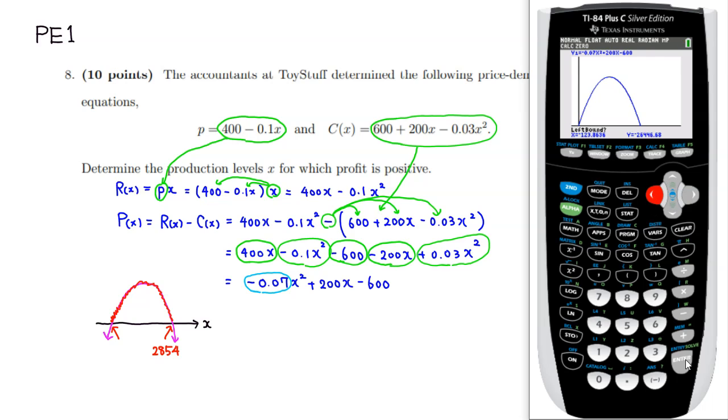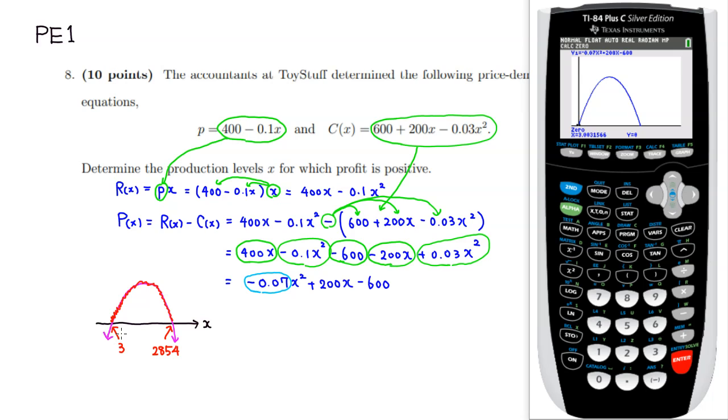All right, we got that. Then right bound, go past that, and enter. You can see that the smaller zero is about 3. So we're going to put 3 there.